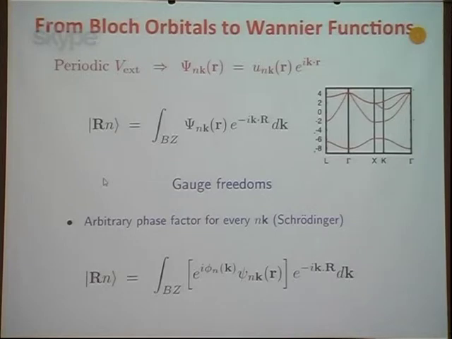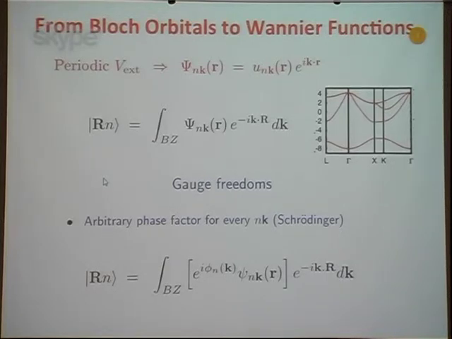So in this transformation there are properties, and I'll come to those in a moment, that are completely defined by the shape of the transformation, but then there are other properties that depend instead on my specific choice of the phase factor e to the i phi n of k. And the situation in terms of gauge freedom is actually worse or larger than that, and I'll comment in a moment.